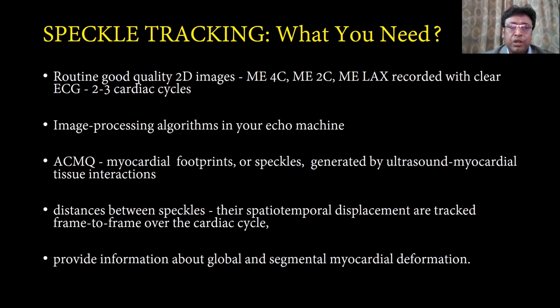And then you should have a newer echo machine with image processing algorithms like the one in the Philips machine that I use, the ACMQ, or automated cardiac motion quantification software, which assesses myocardial footprints or speckles, which are generated by ultrasound myocardial tissue interactions. And the spatiotemporal displacement of these speckles are tracked frame to frame over the cardiac cycle, and it gives assessment of global and segmental myocardial deformation.